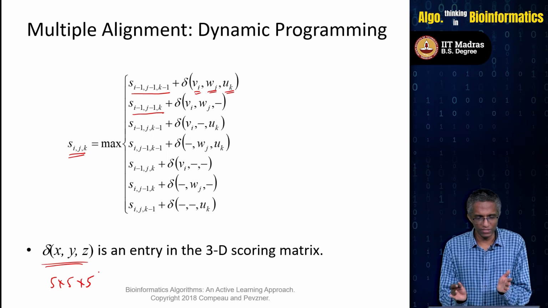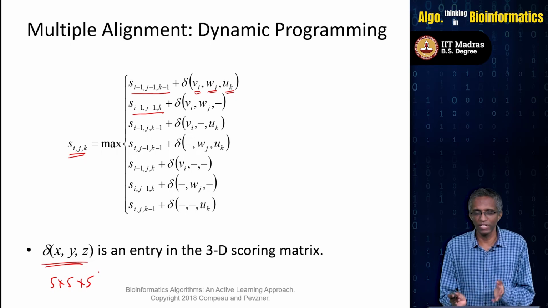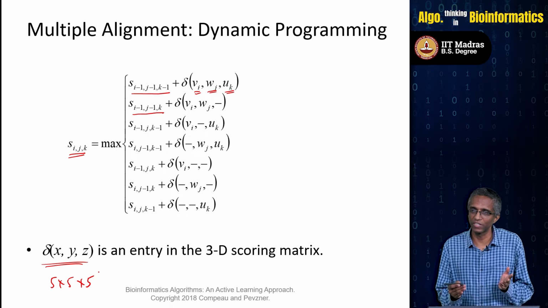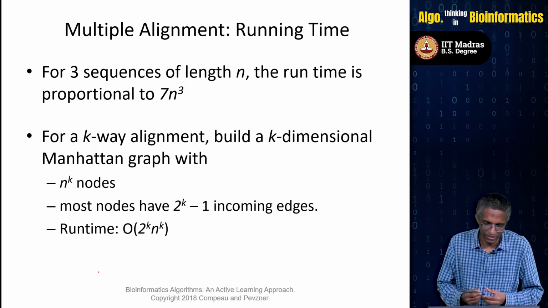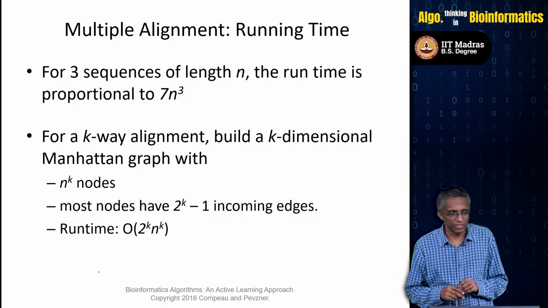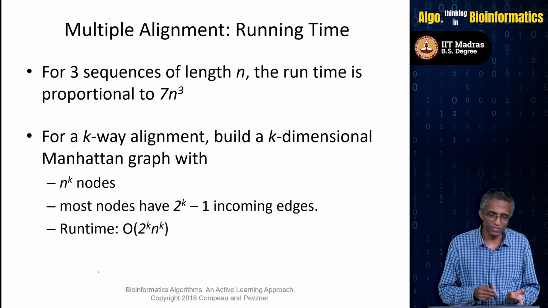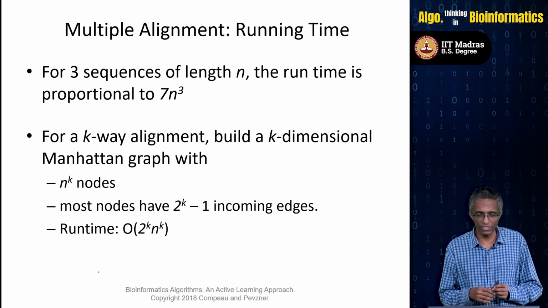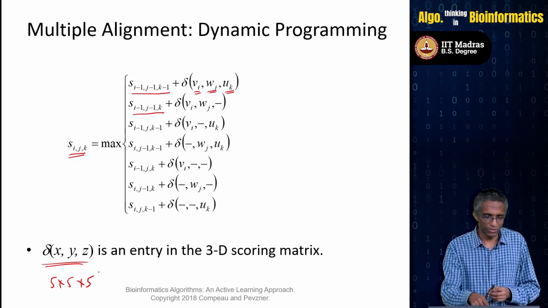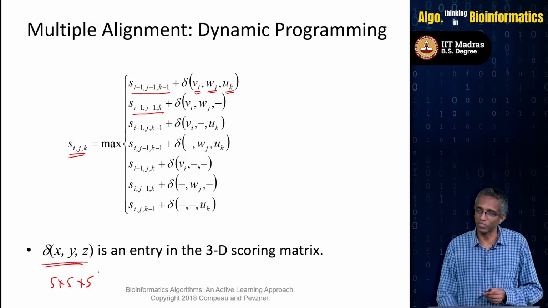So this is the natural extension of 2D or pairwise alignment to 3D or this multiple 3-way alignment, right? But there's a problem with this. If you have 3 sequences, each of length n, then your runtime is going to be proportional to n cube. It's going to be 7 times n cube, because you have 7 of these that you have to compute, and there are n cube such nodes, right?